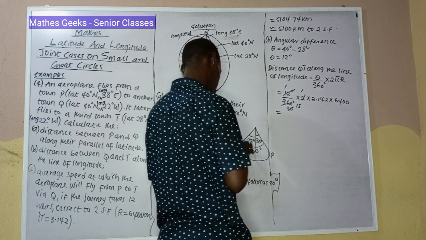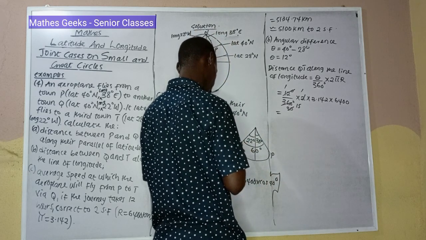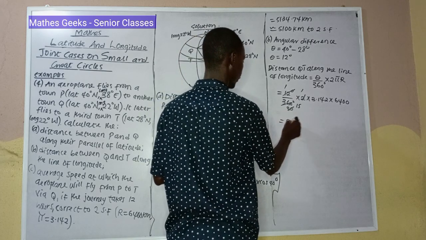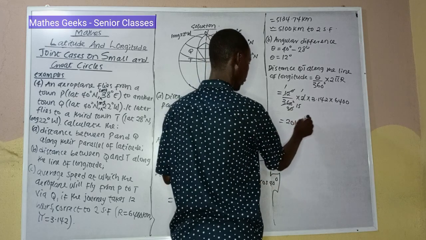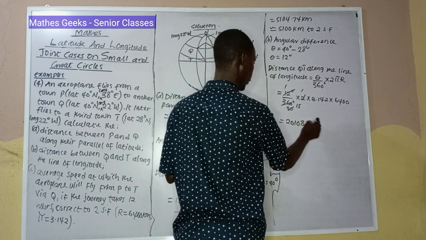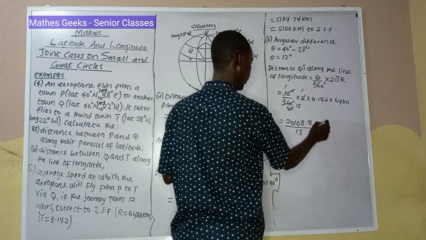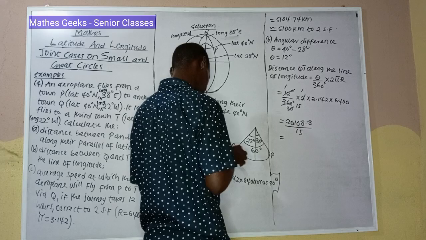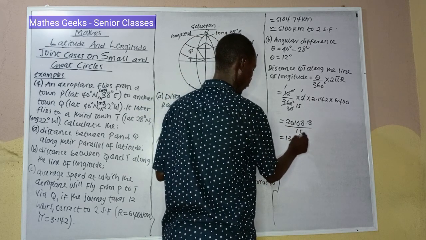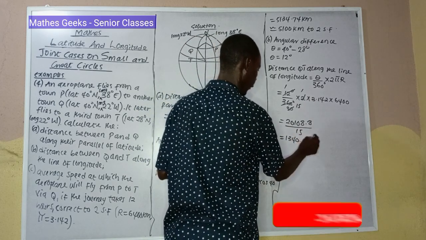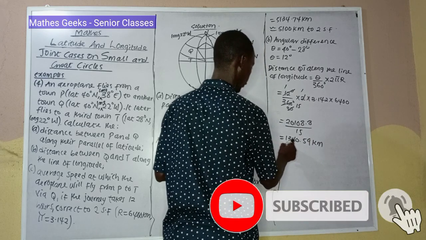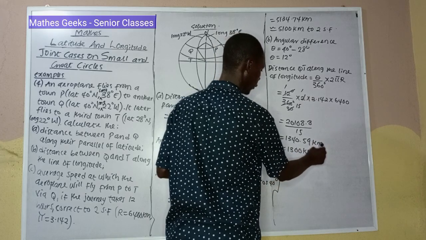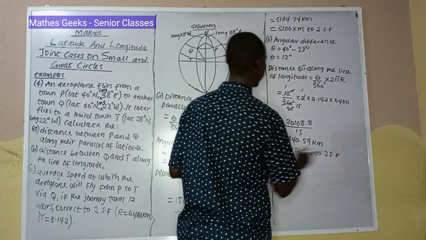So 3.142 times 6,400 is 20108, times 8, divided by 15, gives 1340.59 kilometers, approximately 1,300 kilometers to two significant figures.